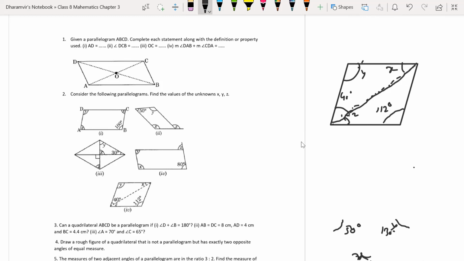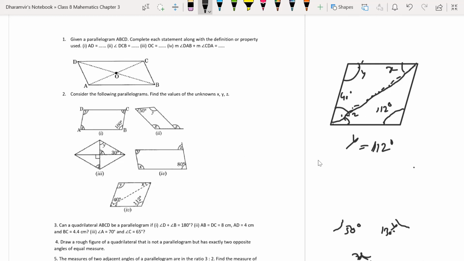How would you calculate? Opposite angles are equal. Hence, Y is equal to 112 degrees, because opposite angles are equal. There is a triangle with X, 40 and Y. This makes a triangle.